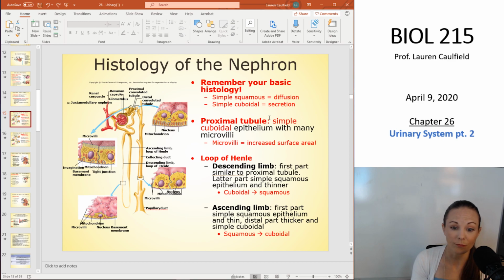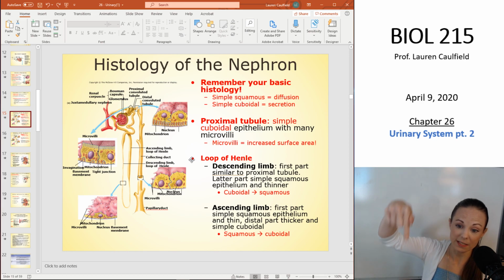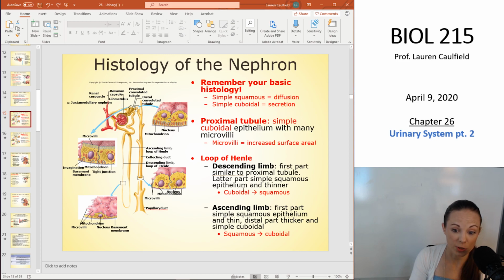Okay. As we transition down into our loop of Henle, we divide our loop of Henle into a descending limb and an ascending limb, and then you have the tip of the loop at the bottom. So as we descend, okay, we're going to transition from a cuboidal epithelium, like we saw in the proximal convoluted tubule, into a squamous epithelium, okay, so simple squamous.